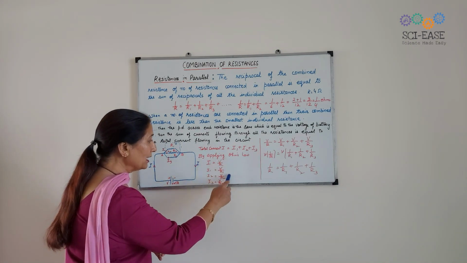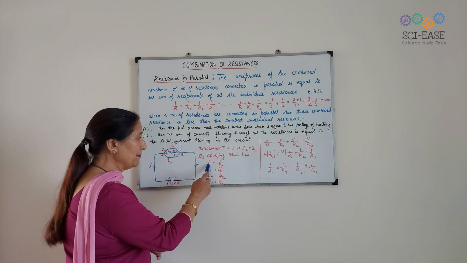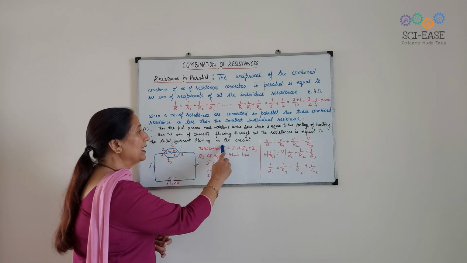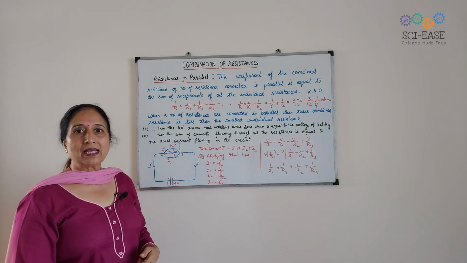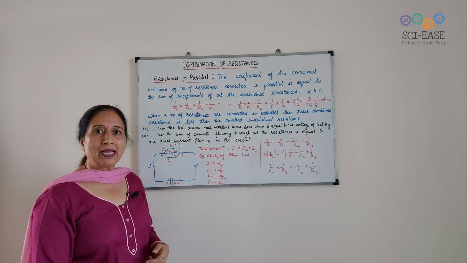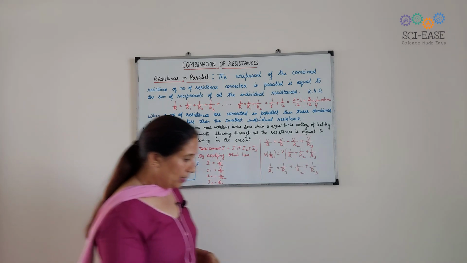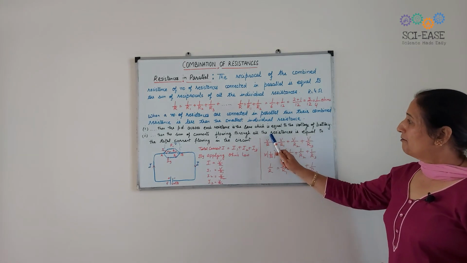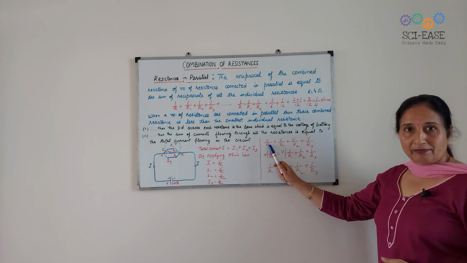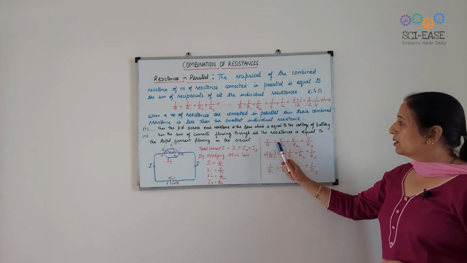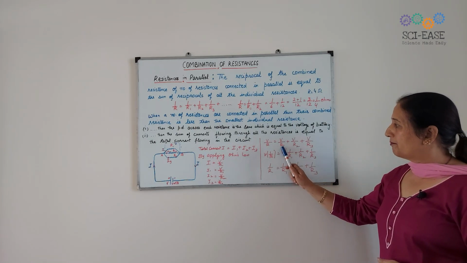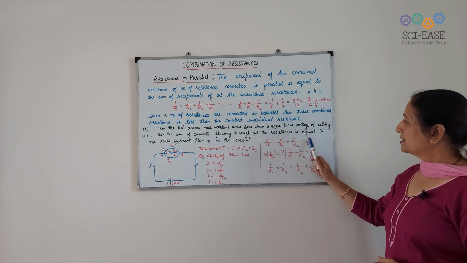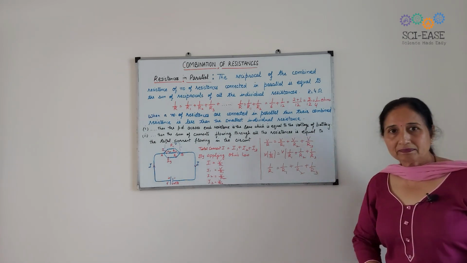Now substituting the values of I, I1, I2 and I3 in the expression I is equal to I1 plus I2 plus I3, what we will get? We will get V by R, which is the value of I, equal to V by R1 plus V by R2 plus V by R3.